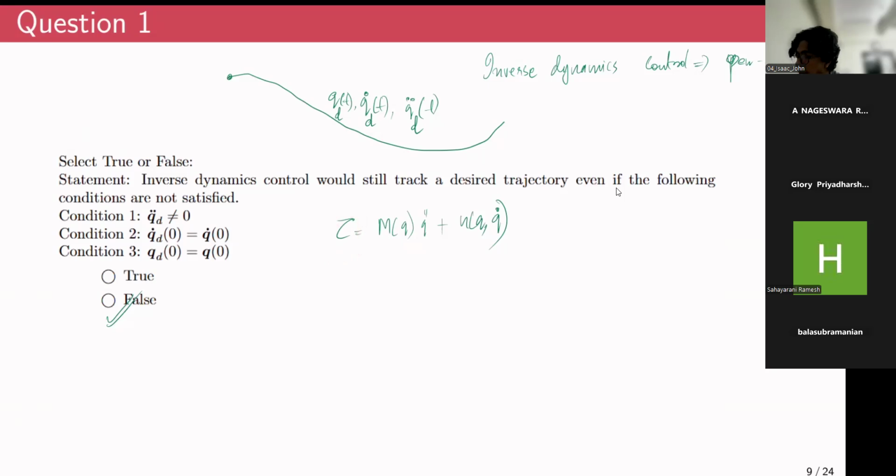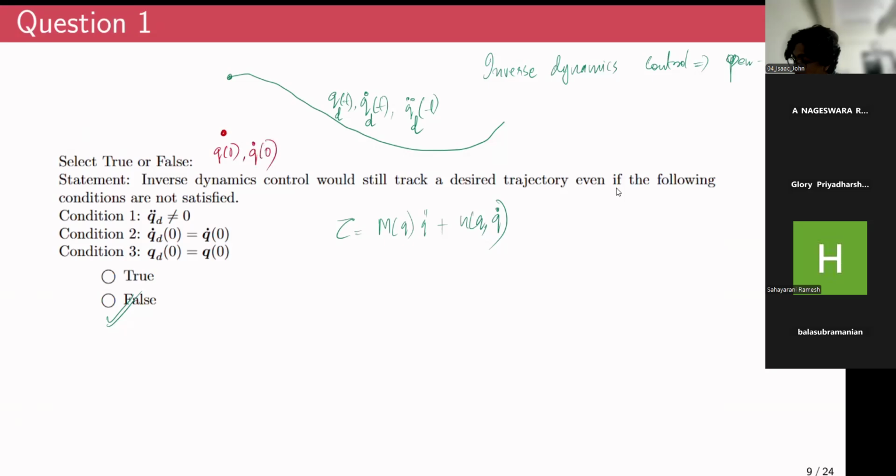So in order for this open loop control to work, I have already said that there is a desired position, something like this. Suppose your actual start position is somewhere here. I'll denote it as Q of 0, and the actual start velocity would be Q dot of 0.